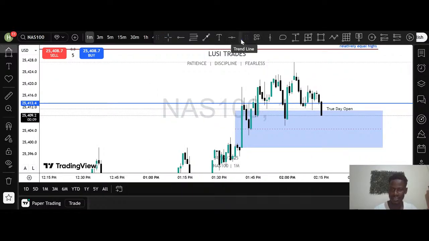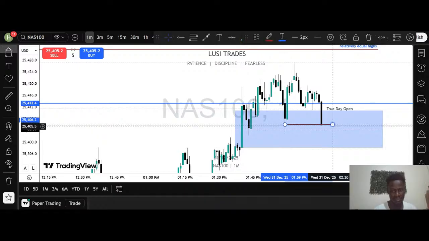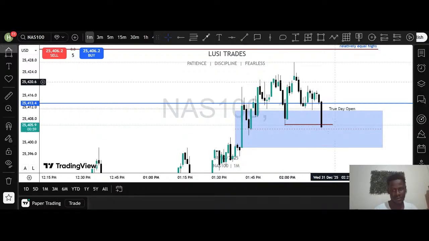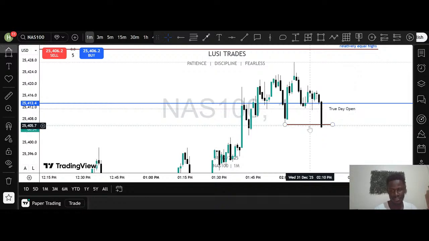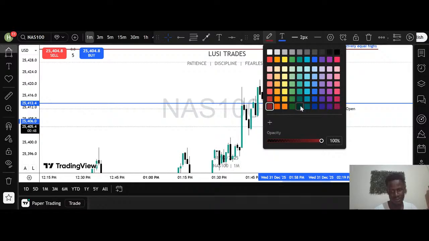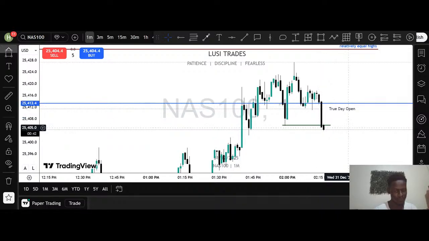If we break below this the way we are doing, with speed and distance, what you want to see is some level of fair value gap there.